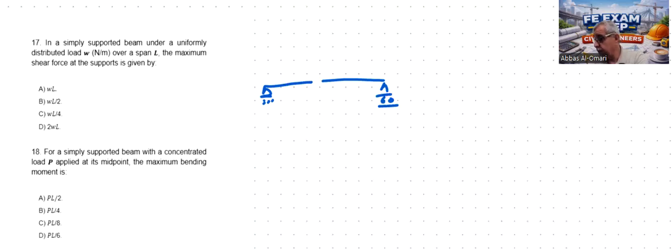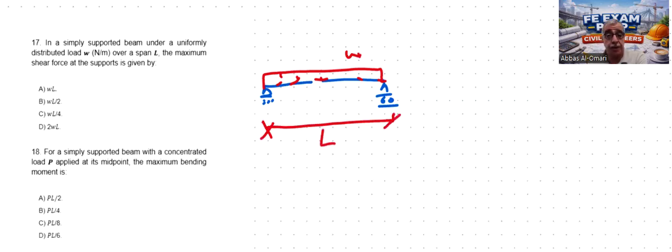This is W. And the span is L. So the maximum shear force at the support is given by.